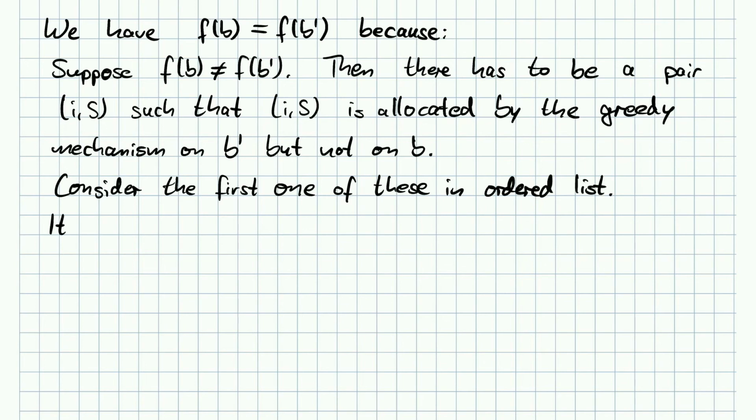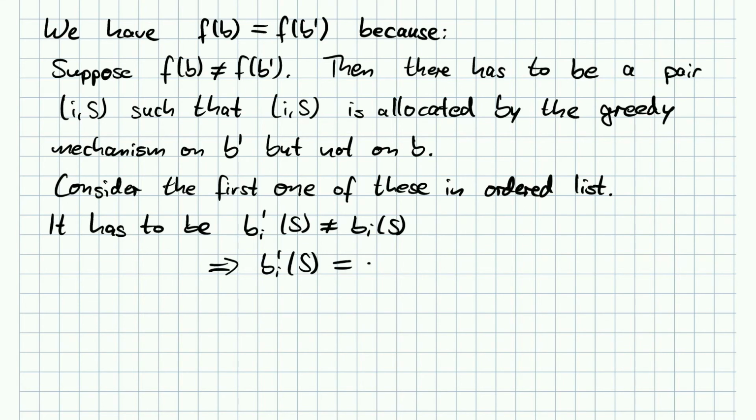So it has to be that b_i prime of S isn't equal to b_i of S, which means that b_i prime of S is equal to the critical bid for set S under bid profile b minus i.